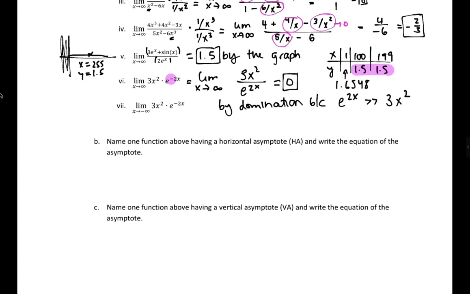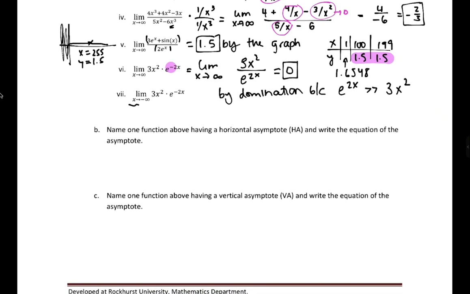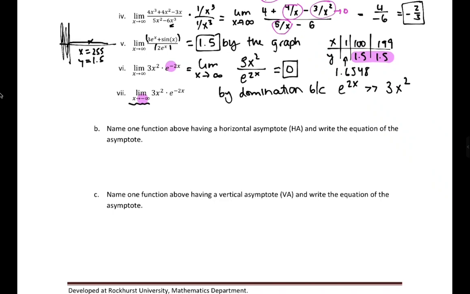And in the last part, the only difference is that now x is approaching negative infinity instead of positive infinity. But that actually makes things a little bit easier, because if you think about 3x squared, just a rough sketch, as x approaches negative infinity, y approaches infinity, so 3x squared is going to infinity.